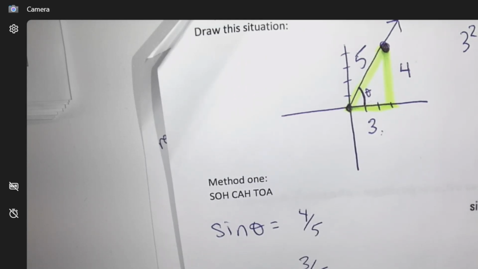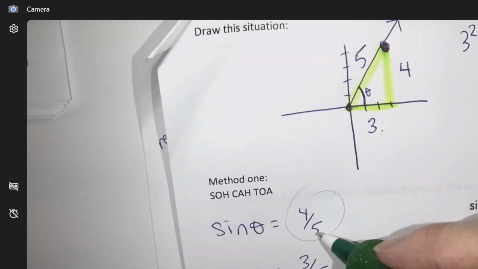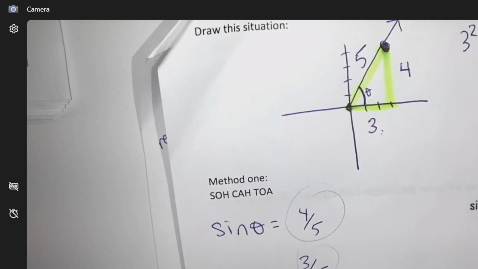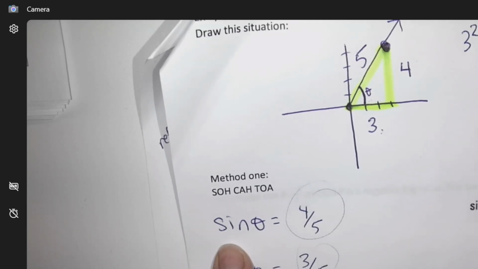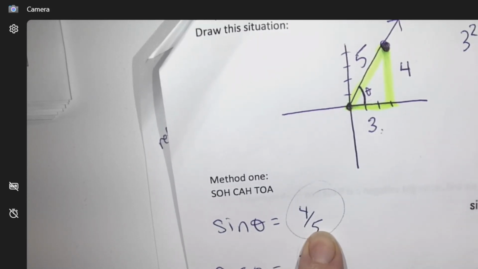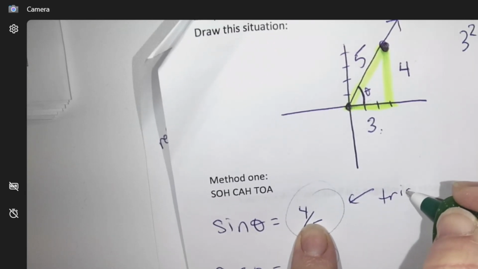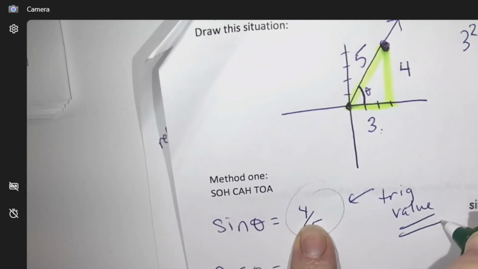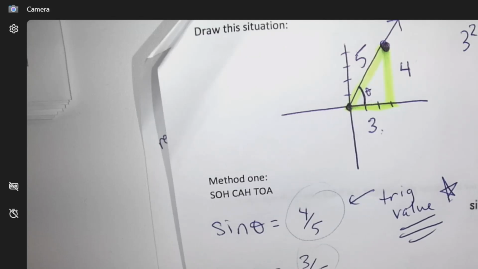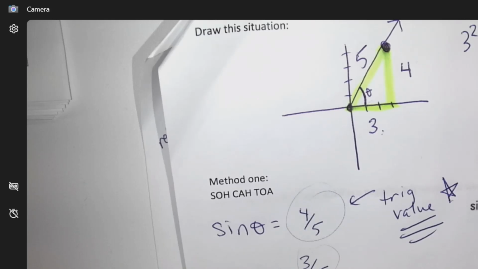Okay, what you've now done is you've figured out these values. These are called trig values. So remember our components. We always talked about a trig function, the angle, and that this is what we call a trig value. If you look through all of these trig values, did you notice that they're all positive?